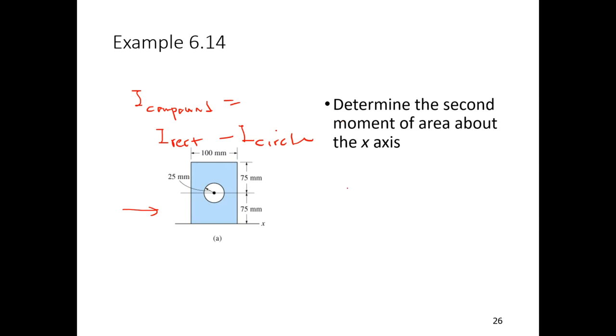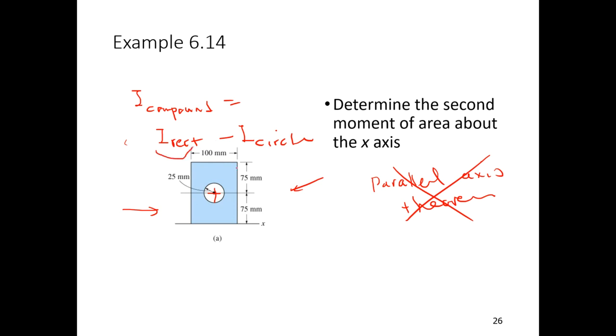What makes this problem simple is that both the rectangle and the circle have their center of gravity coinciding with that of the formula sheet. That means for this problem, no parallel axis theorem. That makes this problem simple, right?